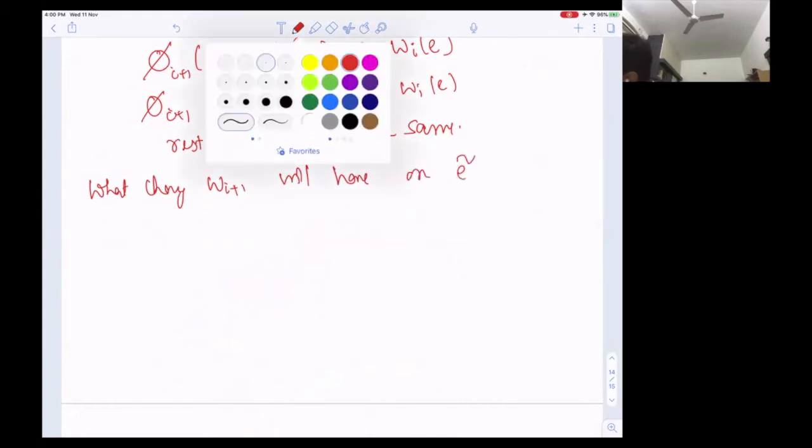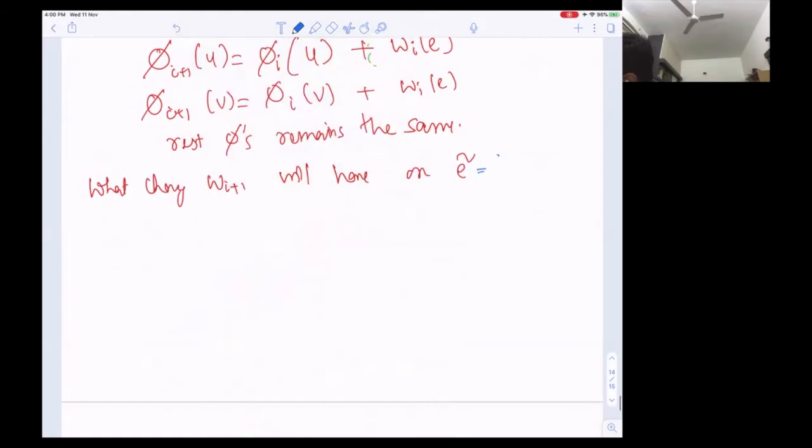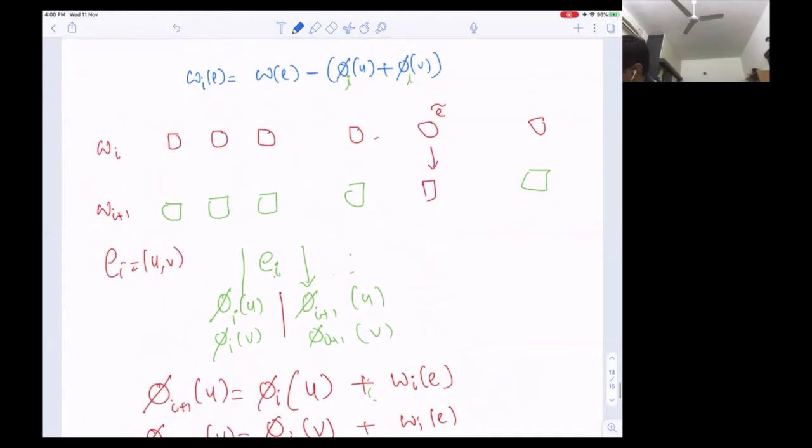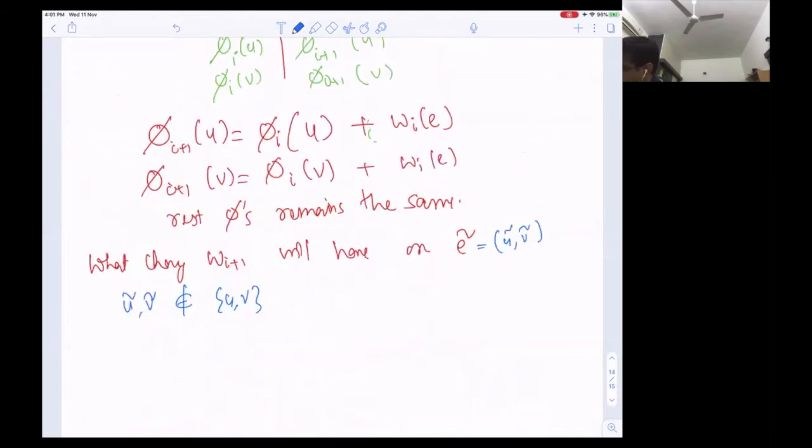Now we have several cases. Suppose E tilde is U tilde, V tilde, and U tilde, V tilde is not an element of U comma V. Then their phi's have not changed at all.